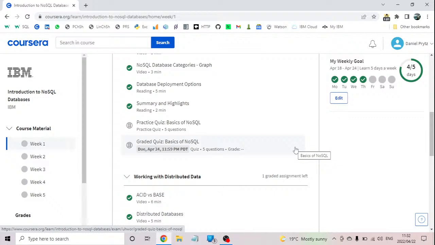Ease of growth and scale: it can handle very large amounts of data, for example by sharding the data across multiple servers. Continuous availability: if a server crashes, you can use another one. So those are the advantages.